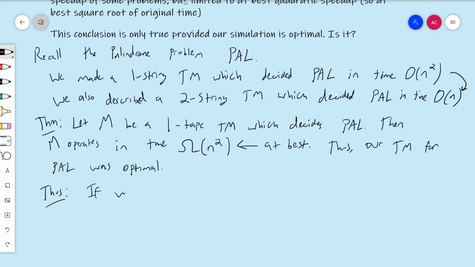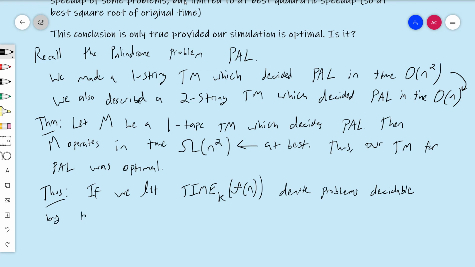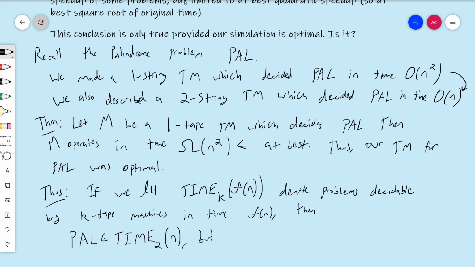if we let time k of f of n, we'll just define this weird thing specifically, denote problems decidable by k tape machines in time f of n, then what we basically said by this theorem is that the PAL problem is an element of time 2 of n, but PAL is not in time 1 of n.